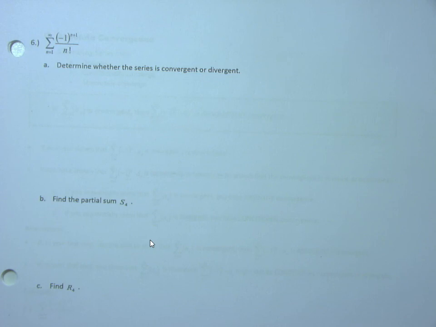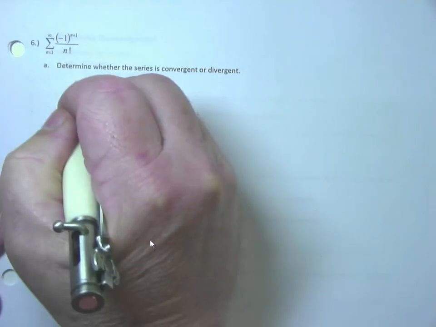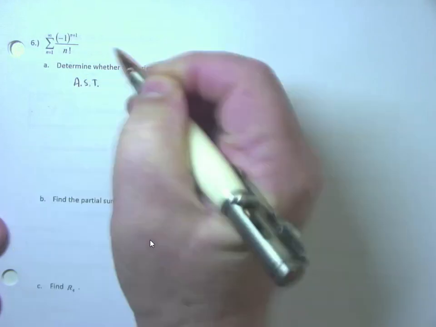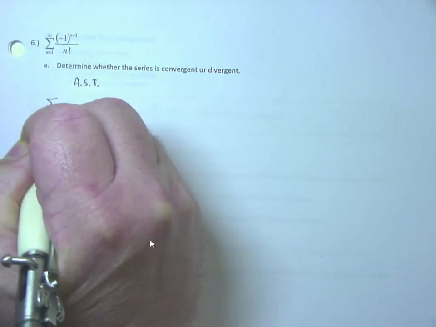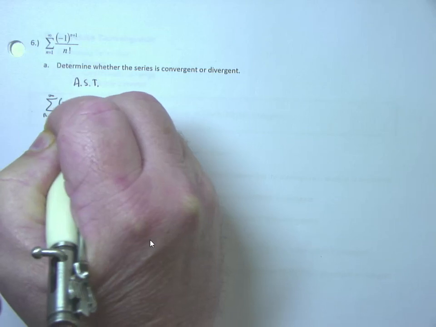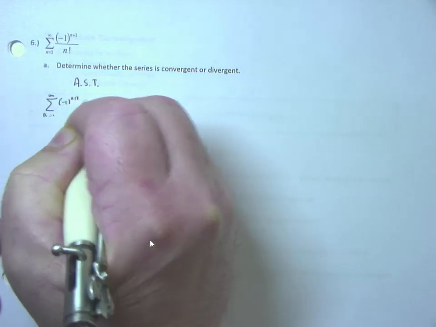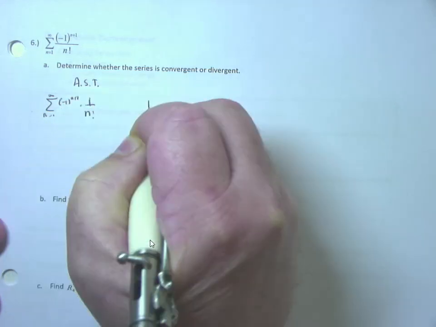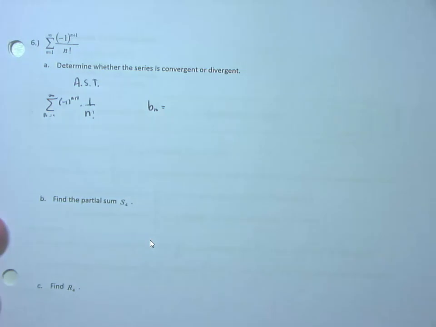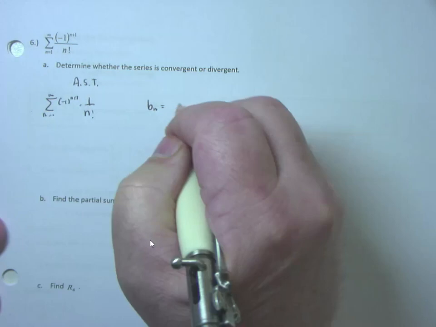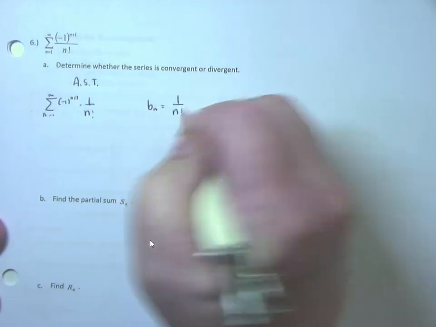Being an alternating series, we should use the alternating series test. So your series is the sum as n goes from 1 to infinity of -1 to the n plus 1 times 1 over n factorial. The Bn part, the sequence part of your series without the alternation, is 1 over n factorial.